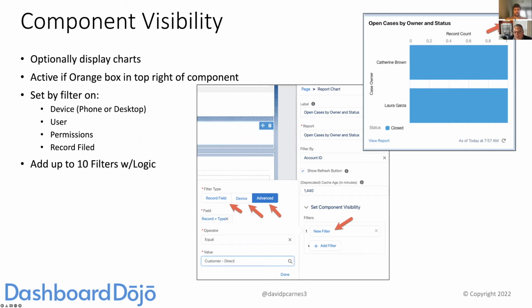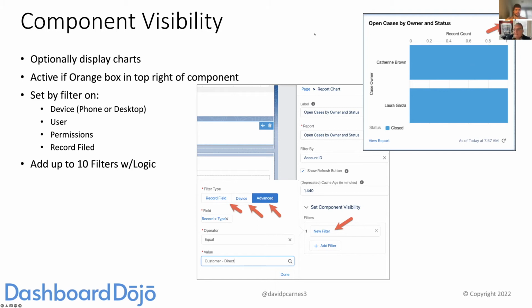Now you can have up to 10 filters in your component visibility, and you can add filter logic if you want. So some really nice flexibility here. This is where we could get very granular and say, if somebody's on the C-suite, if they're one of the executives in the company, they should see it, and the people who are on the sales team, they should see it too. So you can do things like that when you're taking advantage of component visibility.